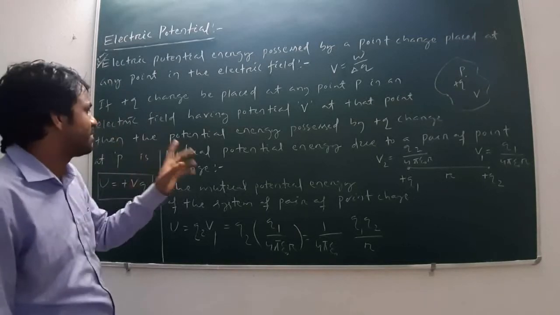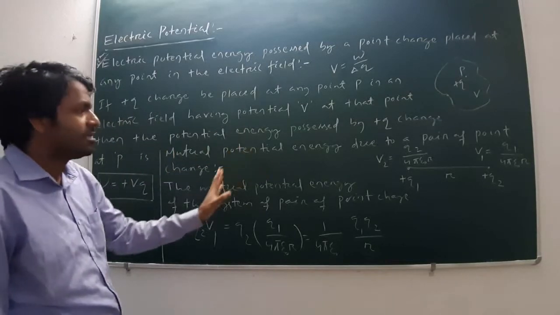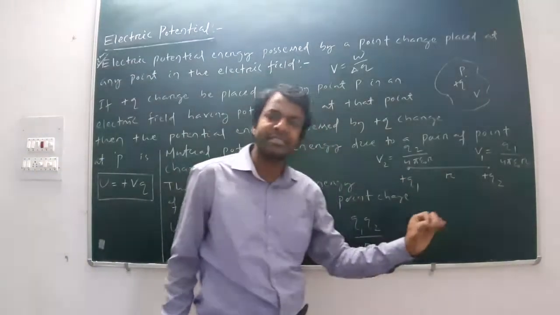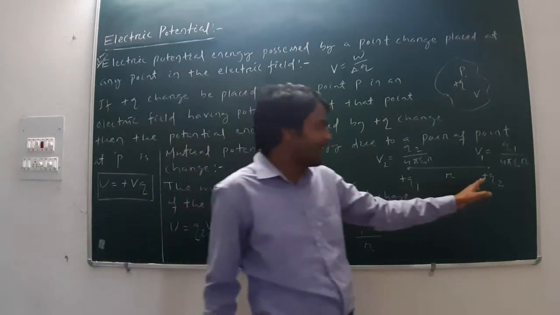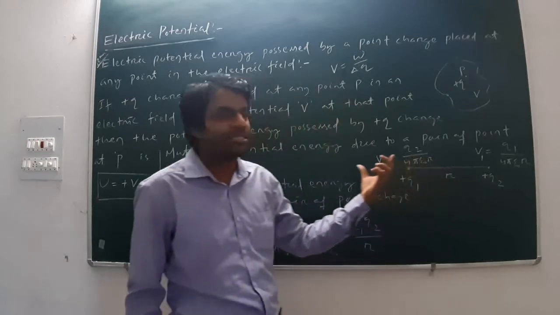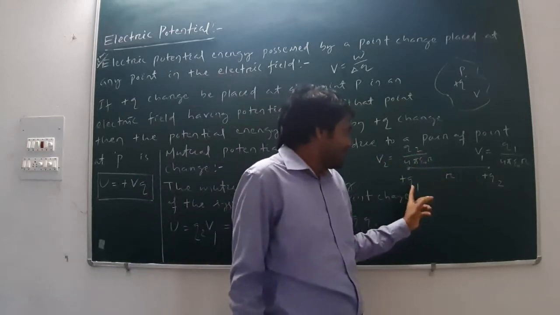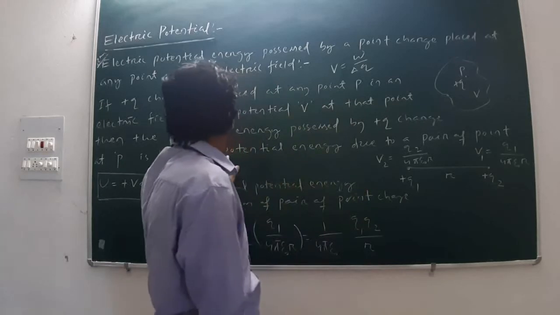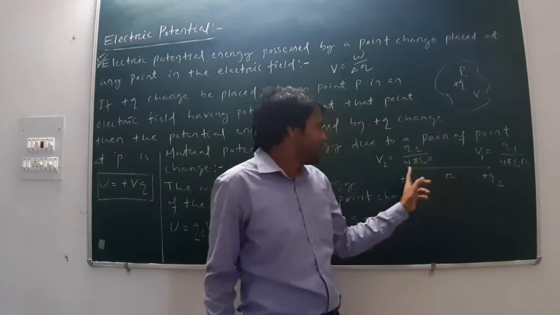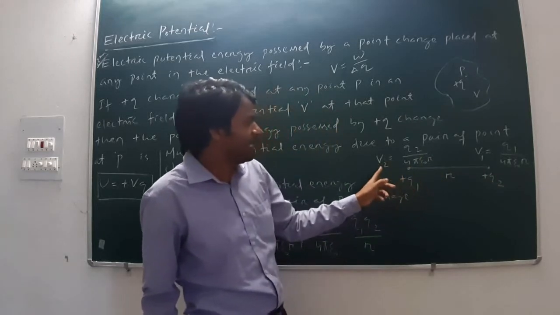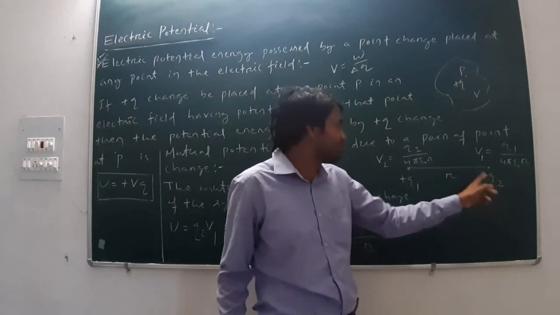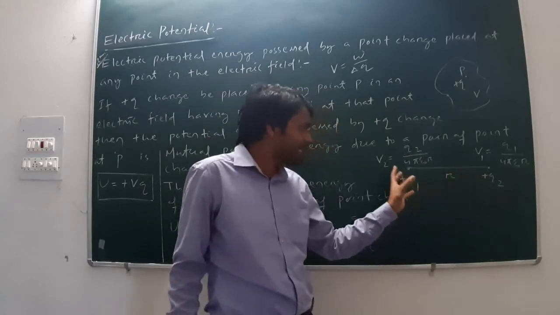Now we have to calculate the mutual potential energy due to a pair of point charges. Here I have taken a pair of point charges. One is plus Q1, another is plus Q2. They are separated by a distance small r. Then the mutual potential energy means, at the point Q1, the electric potential is V2 due to the point charge plus Q2.